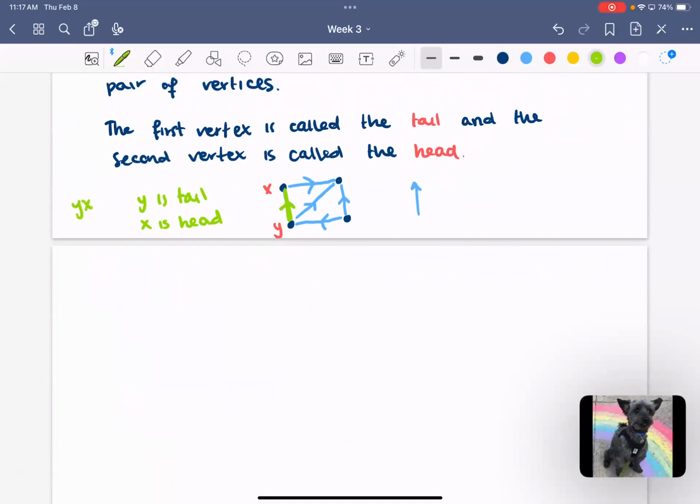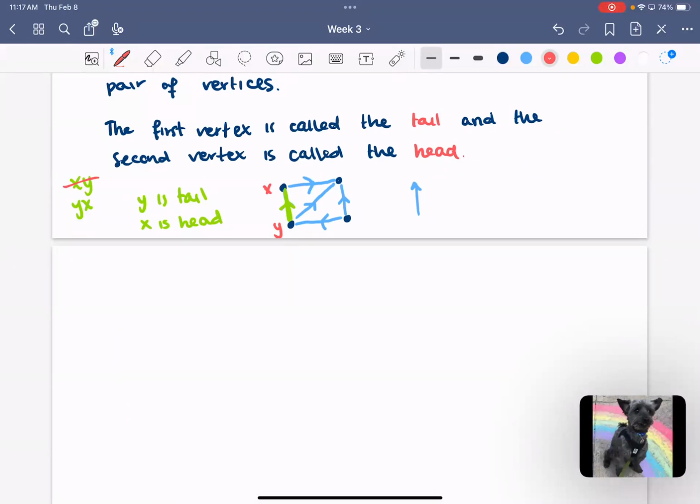But in the case of directed graphs, now the direction is important, right? So I would write the edge as YX, but I would not write it as XY, because that means the edge going in the opposite direction. So when the graph is simple, you can specify edges in this way.